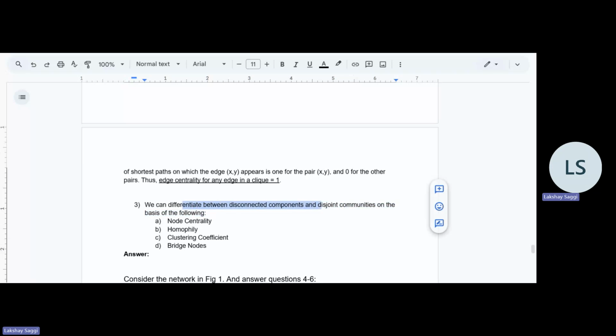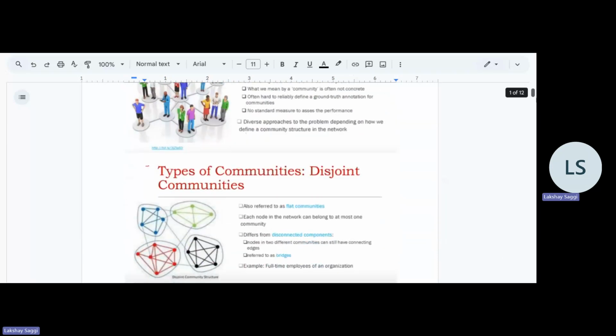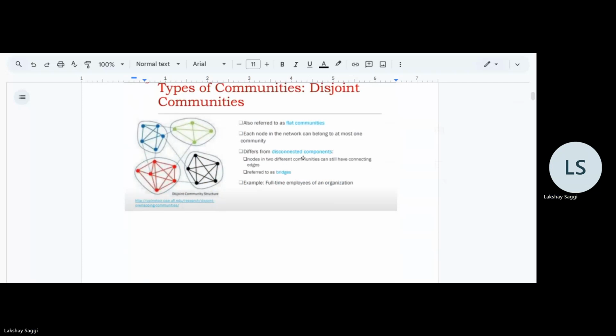So we can differentiate between disconnected components and disjoint communities on the basis of the following. What's the difference between disconnected components and disjoint communities? As we discussed previously, disjoint communities and disconnected components are actually different, because nodes in two different communities can still have connecting edges, and these are called bridges.